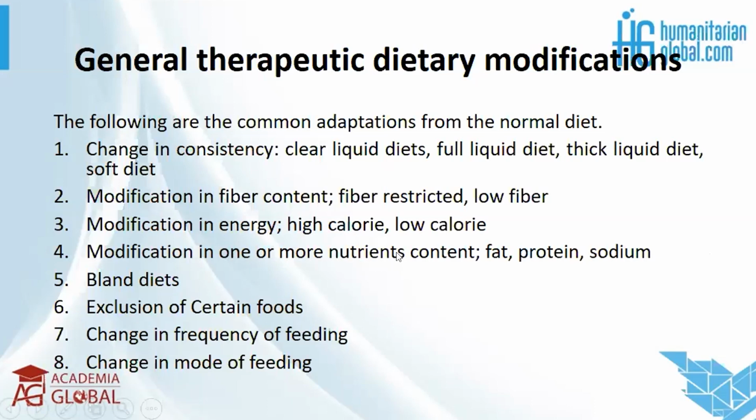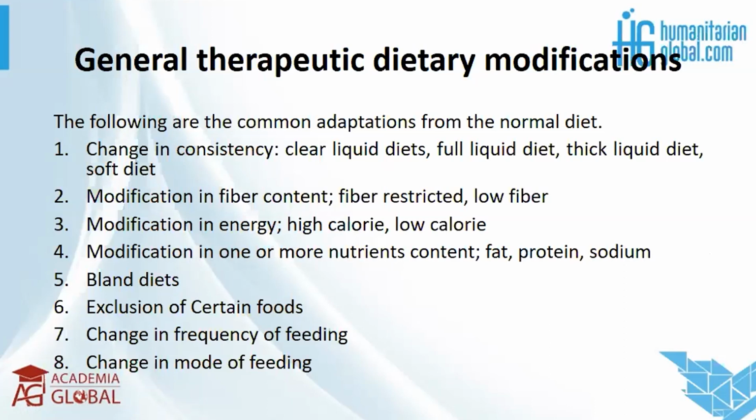So there are several ways here. I have summarized them, and then we are going to go a little bit detailed in them. So there is change in consistency. Now, when we are talking about consistency, I would say this means the texture of the diet, how thick is it, how hard it is to chew, to swallow, that kind of thing.